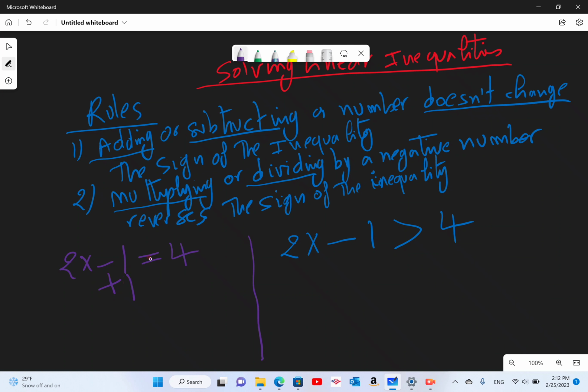Since this is an equation, what we do to the left side, we do to the right side. So we add 1 to the right side as well, and we get 2x equals 4 plus 1, which is 5.